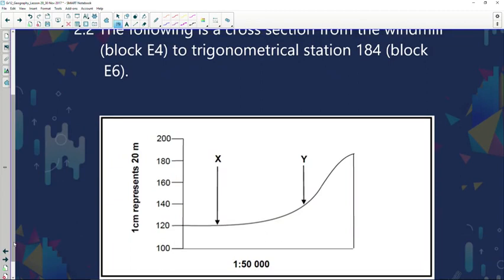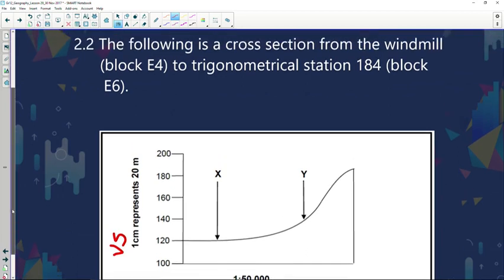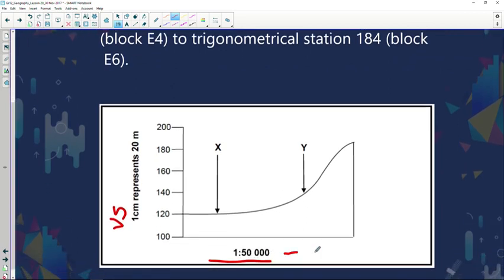Now very importantly, when we look at the cross section, it consists of a vertical scale, that's usually the meters, and the horizontal scale. The horizontal scale is the map that you use. In this case, the examiner used the topographical map.